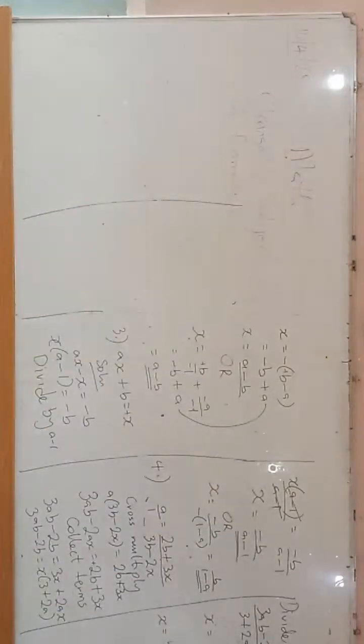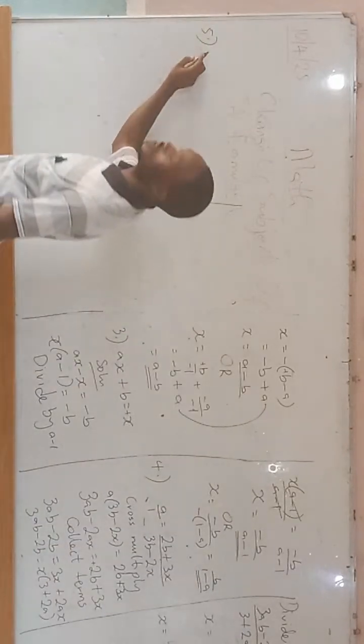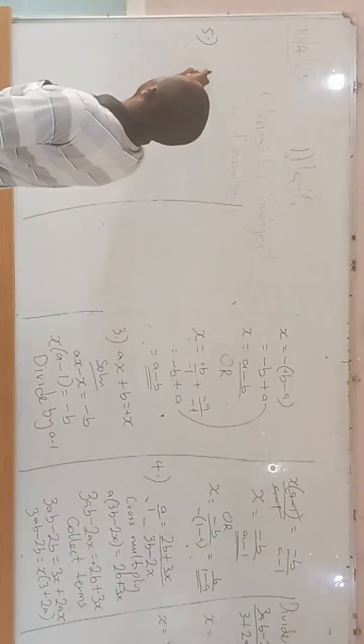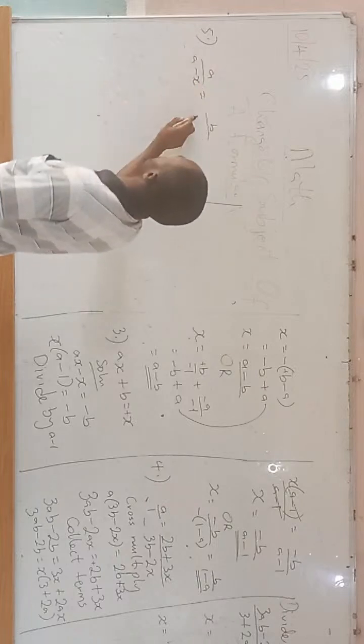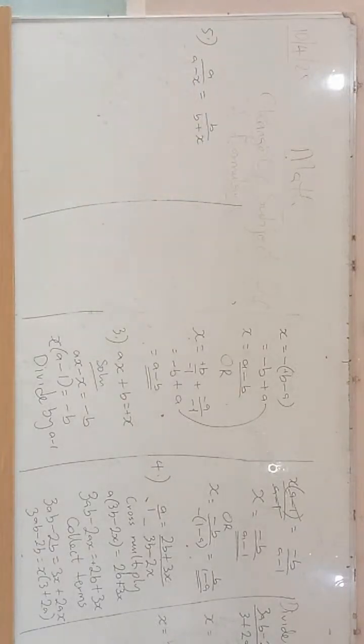Thank you. Okay, so the fifth question, please, can you point out the fifth? Okay, so at this point, we'll have to cross multiply first. The alternative to cross multiplying is to multiply both sides by the LCM of the denominators.